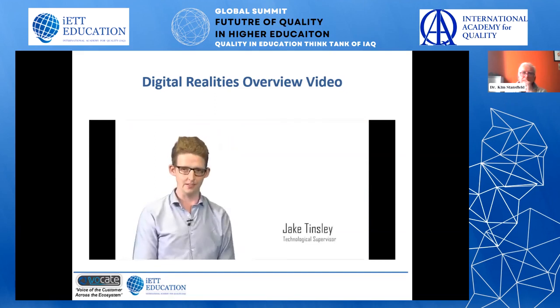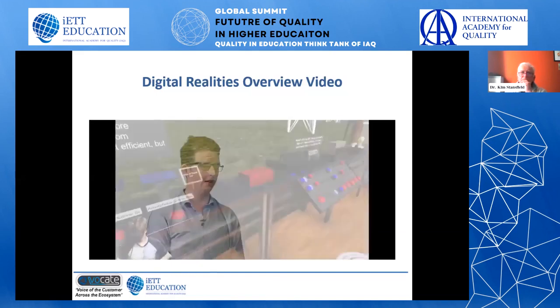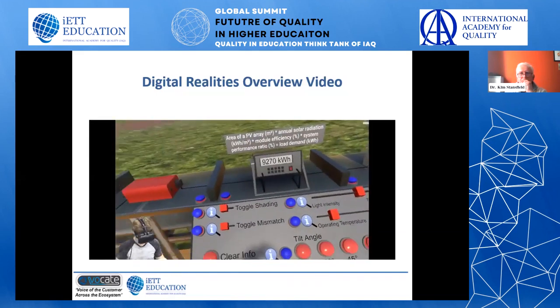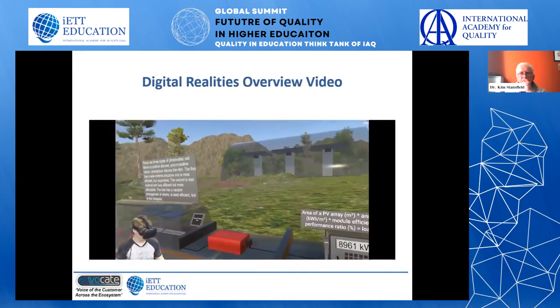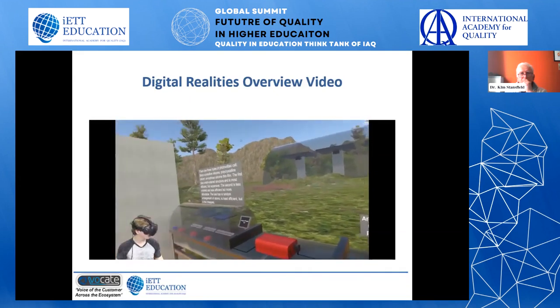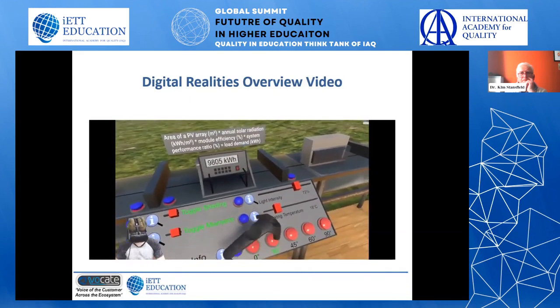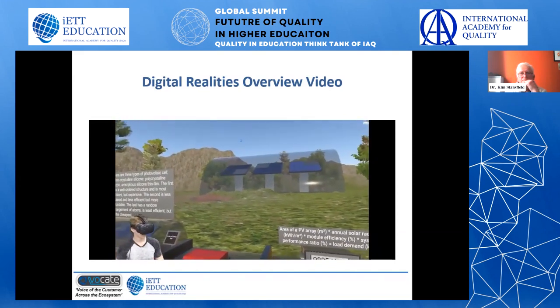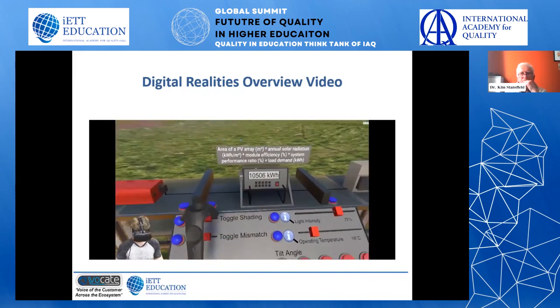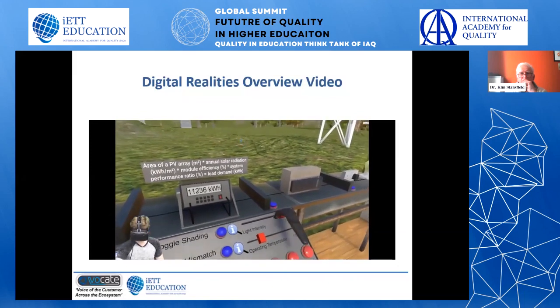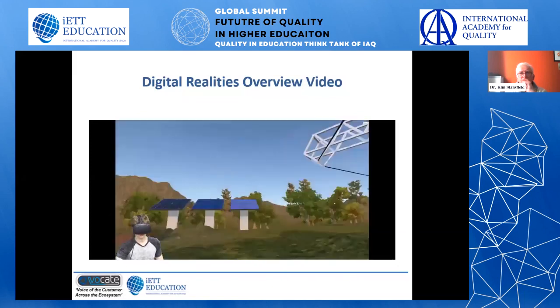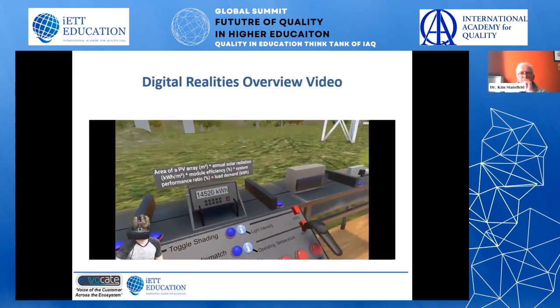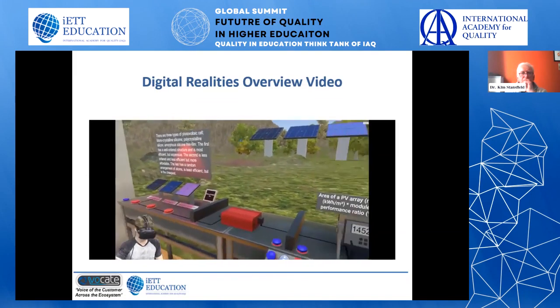Hi, my name is Jake Tinsley. The benefit within VR and AR is that we can recreate and duplicate equipment on the fly. This technology can reduce the cost of equipment in labs. Expensive equipment can be simulated in VR and AR. This technology allows students to comprehend and visualize complex problems. These simulations allow students to manipulate equipment they would not usually have access to. Our programs were created and modified to suit multiple headsets.